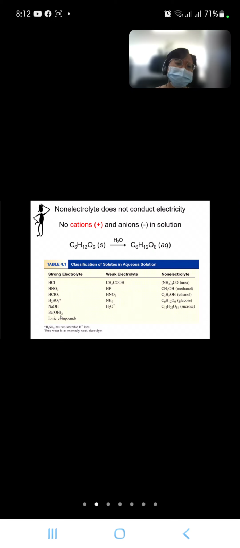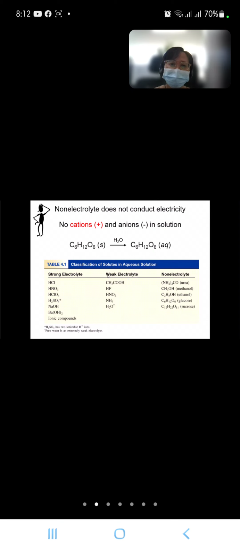Sodium hydroxide and barium hydroxide are examples of strong bases. So the strong electrolytes are the strong acids, the strong bases, and ionic compounds. When they are dissolved in water, they will ionize completely, forming ions.